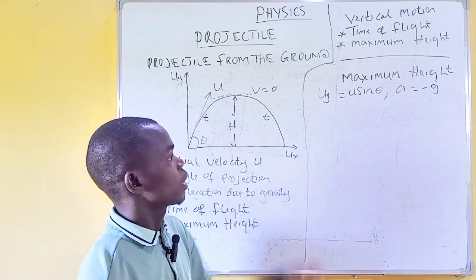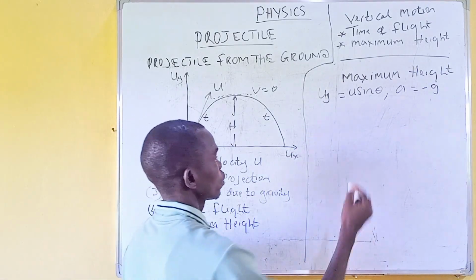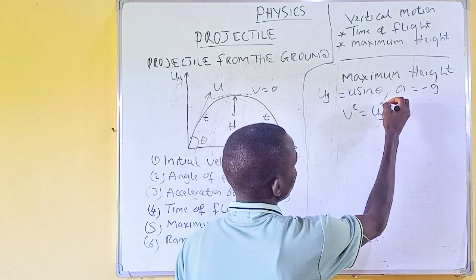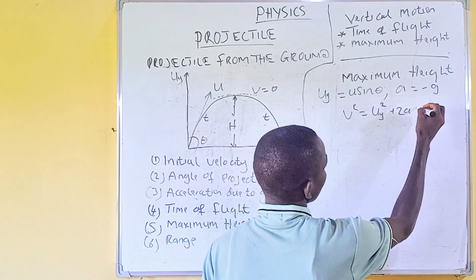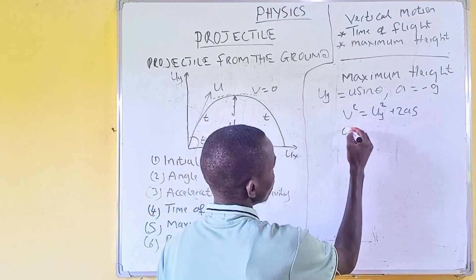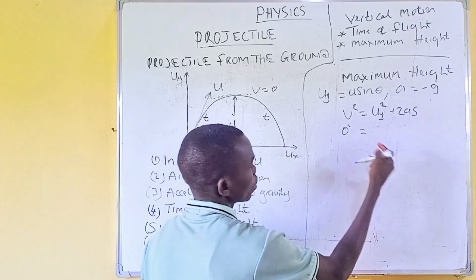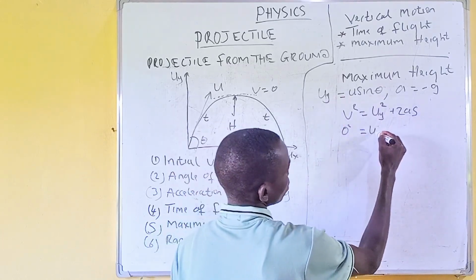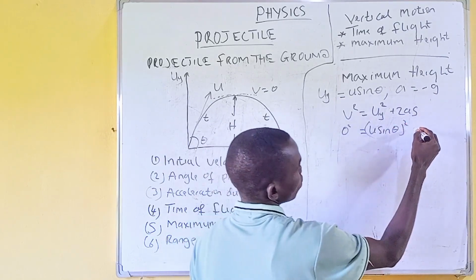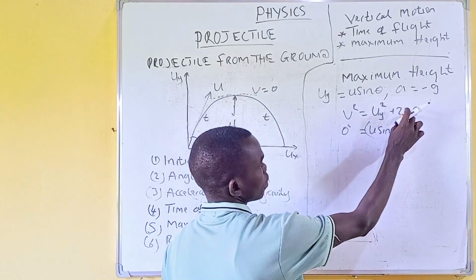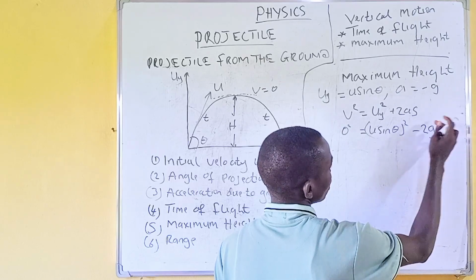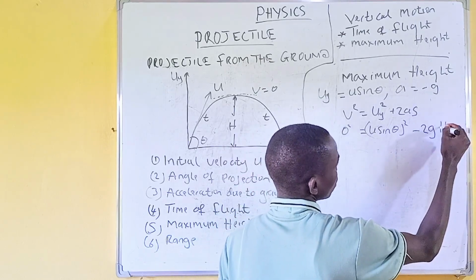If you look at these parameters, we can use the equation of motion, which is v squared is equal to the vertical component squared plus 2as. And our final velocity is equal to 0, so 0 squared is equal to u sine theta all squared, then minus, since the acceleration due to gravity is in the opposite direction, 2 times g, and s is our maximum height, which is equal to h.